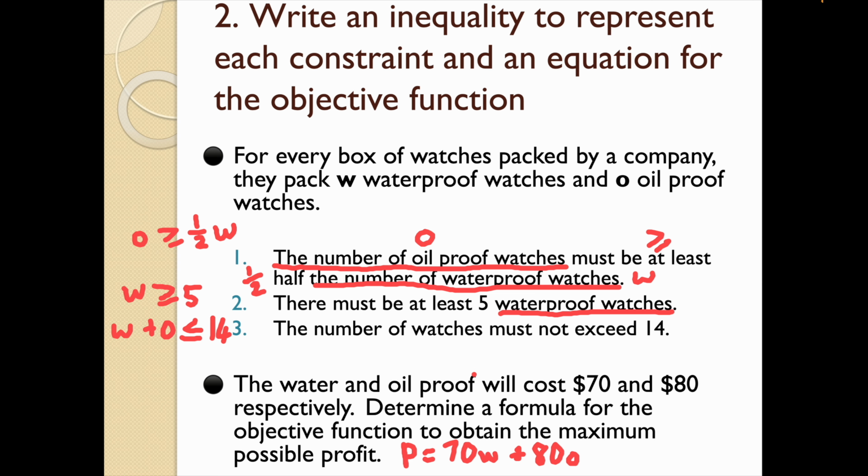Because 70 is first, and it says waterproof is first, and then oil-proof. Remember, it says respectively, which is just telling us in that particular order. So waterproof matches with 70, therefore oil-proof matches with 80. So that's something to bear in mind.